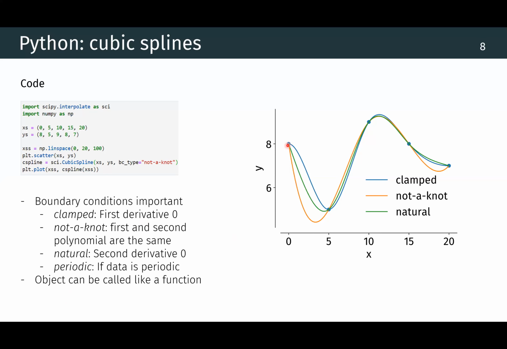Because if you have something that is highly dependent on this outer point, then of course you can imagine if I move this point just a little bit upwards, then the rest of the curve is going to change. It's not like it only changes the curve in the first interval. And this way you give more weight to these outer points than you give to the inner points. That's why the boundary conditions are very relevant in those cases.